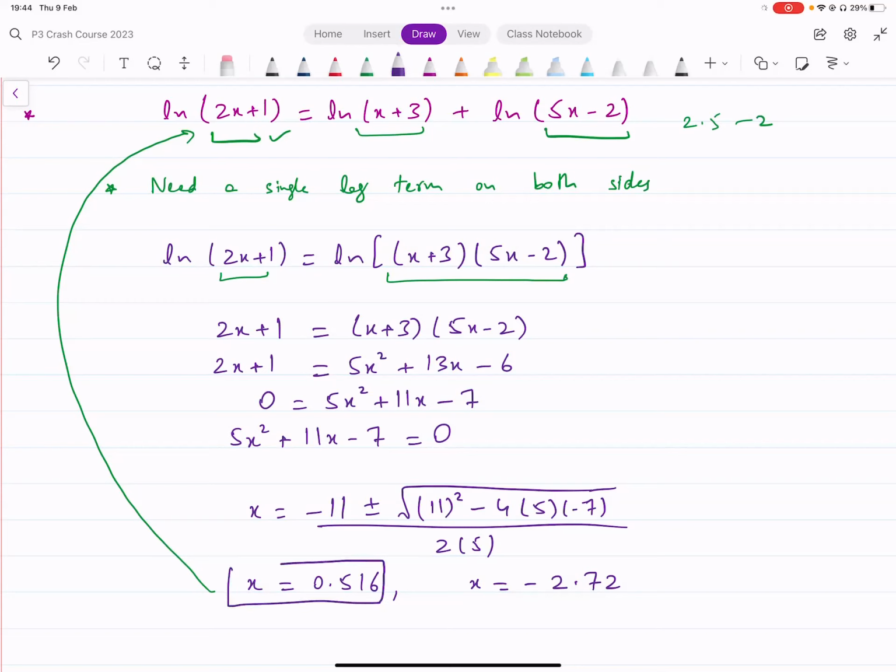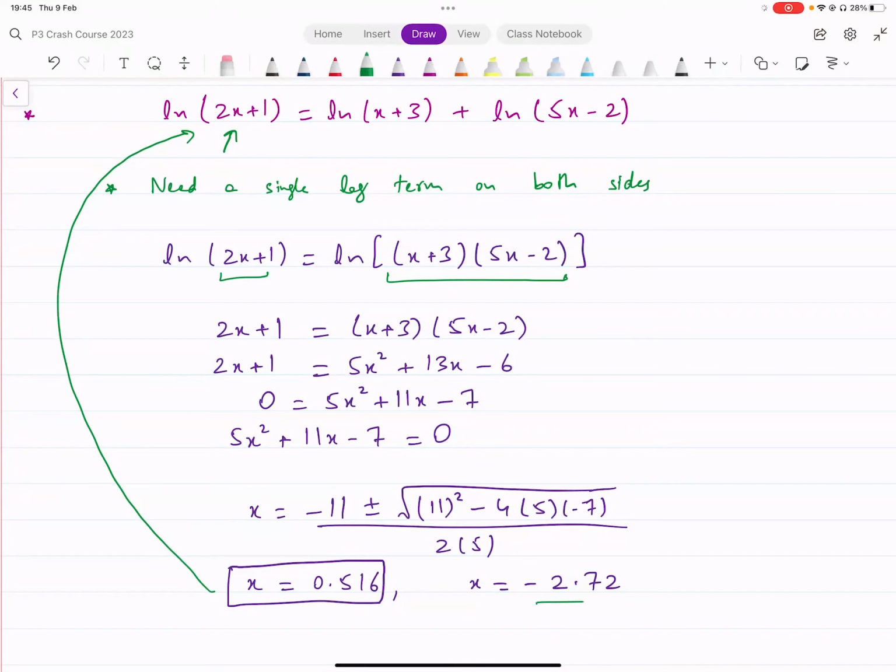This is going to be one of the solutions. Now you have to check minus 2.72 as well. Now, if you were to input minus 2.72 in these terms, if you input it here, 2x plus 1, if x equals minus 2.72, this term is going to become negative.